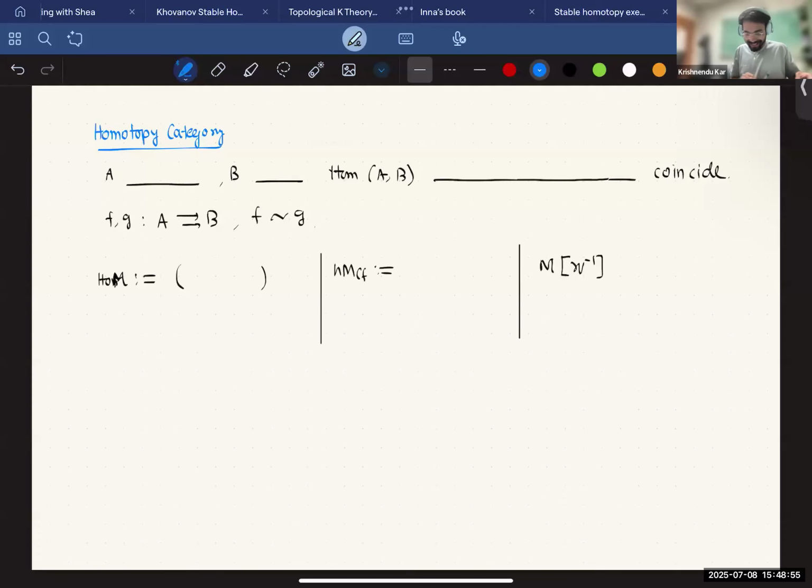So the next thing is talking about homotopy categories given a model category. There are 3 ways of doing that. So let's see all the ways.